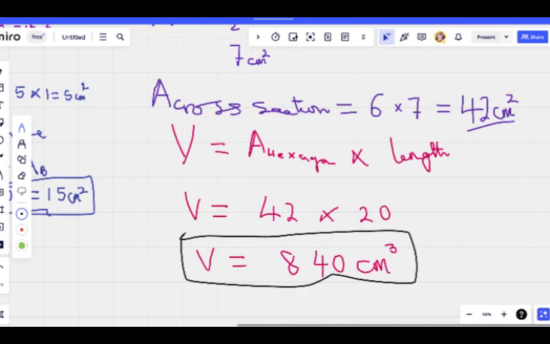So today's part 2, we looked at the prism. We looked at the circular prism, which is called a cylinder. We looked at the L-shaped prism, which you can call a rectangular prism.